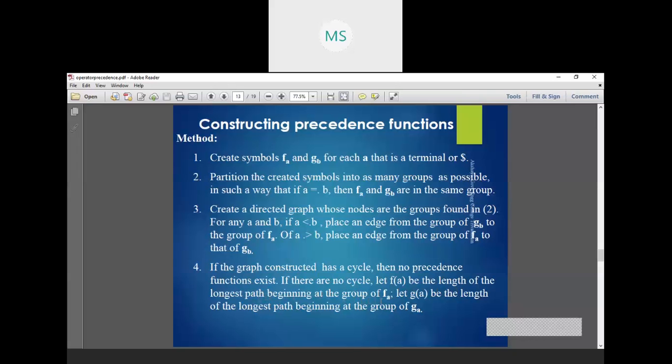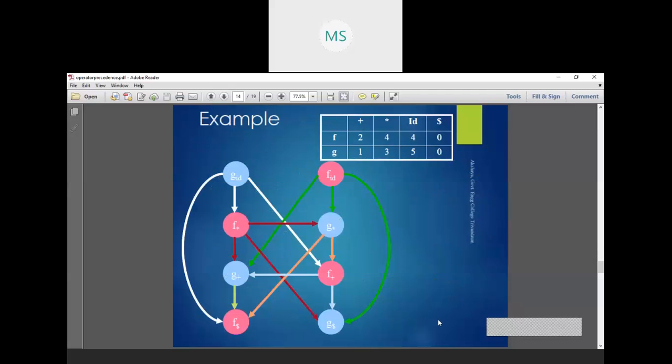That means for each function f, I want to find the longest path from the beginning terminal to the end terminal. The end should always be dollar, either g of dollar or f of dollar. It should reach dollar, using the longest path. Similarly, let g of a be the length of the longest path beginning at the group of g of a. Let me start applying that algorithm.